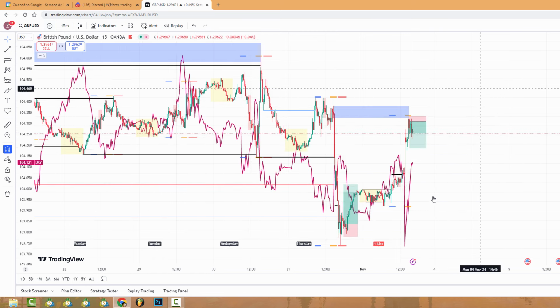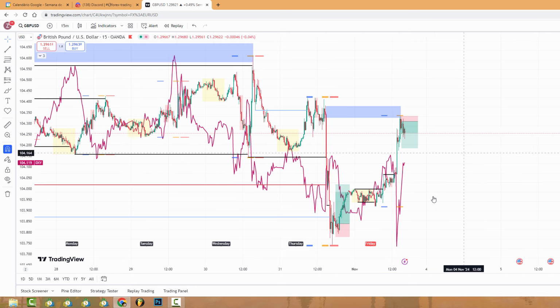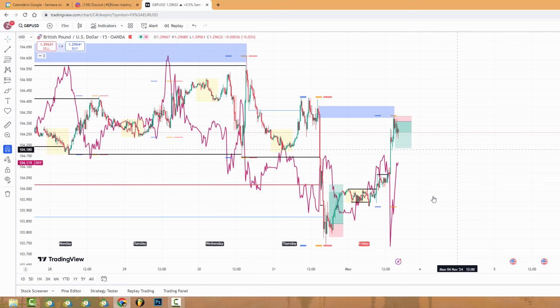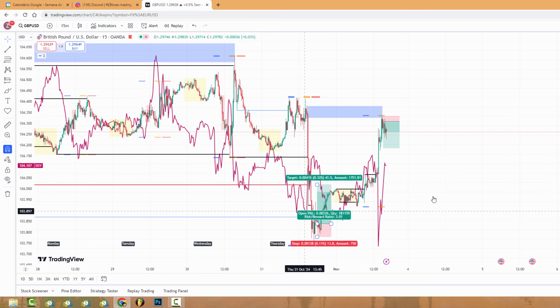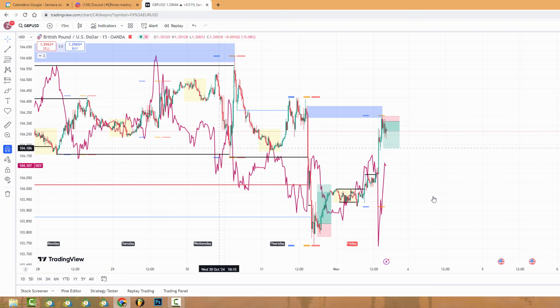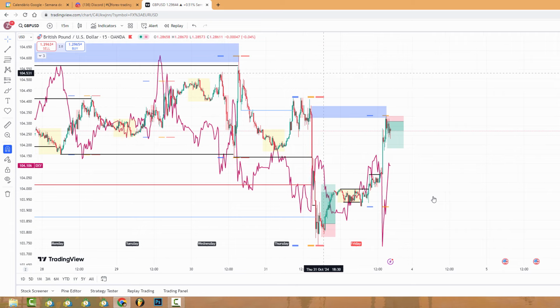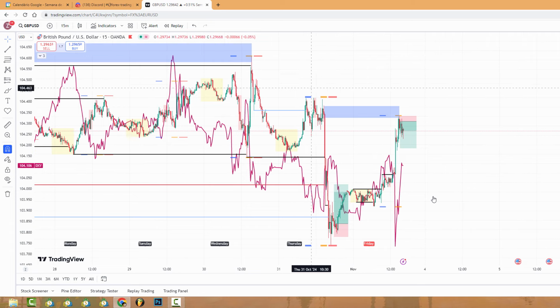It's better. So here you can see it was the news, and as DXY went down, GU came up, but it was NFP. In here, you can see price going up whilst DXY is going down. I mean, it's not much of a clear one, but it is like this.